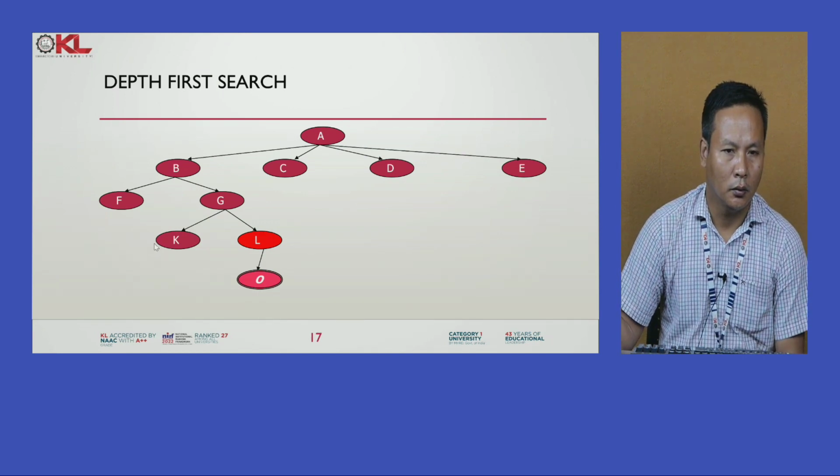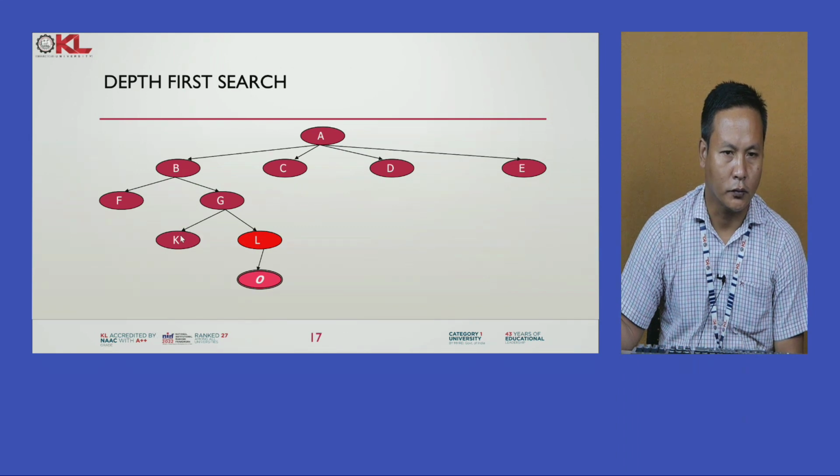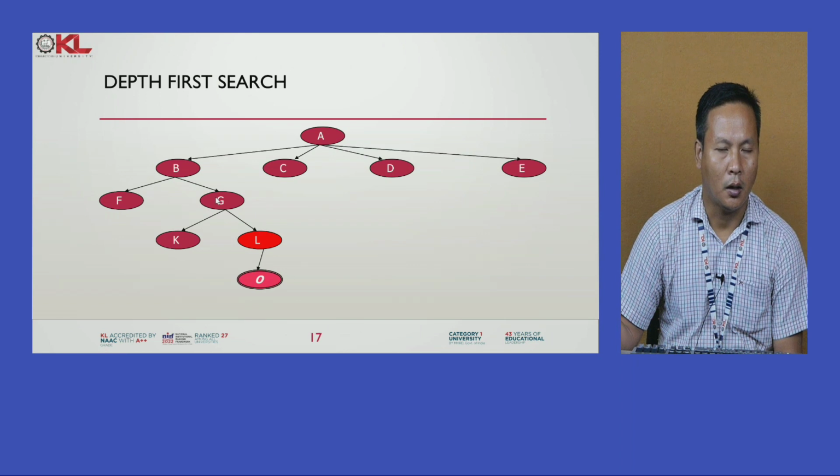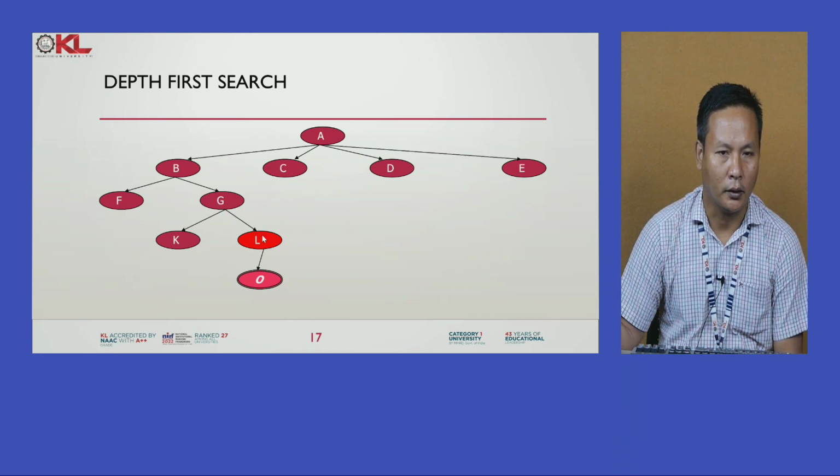After moving to the left branch K, we have to move back to the previous node C. This process is called backtracking. At the time of backtracking, we move back. After that, we move to the right branch to arrive at node L, which represents the output.